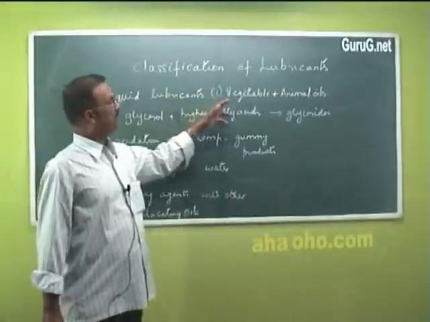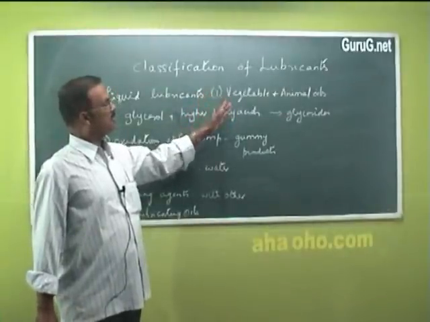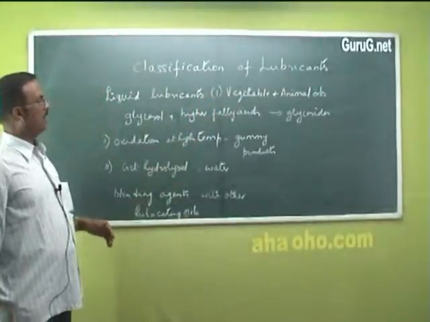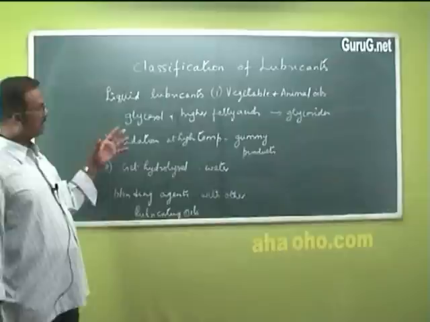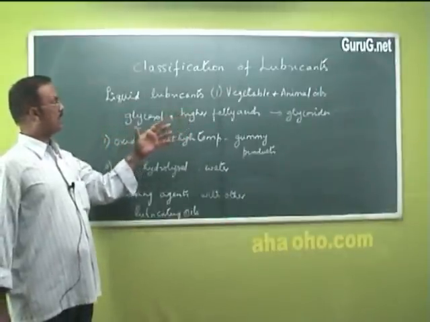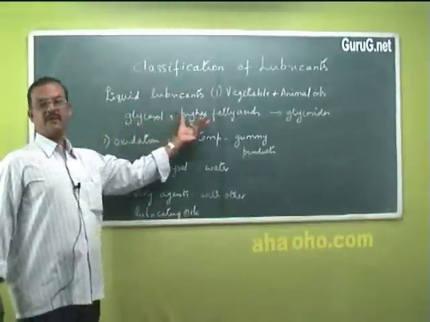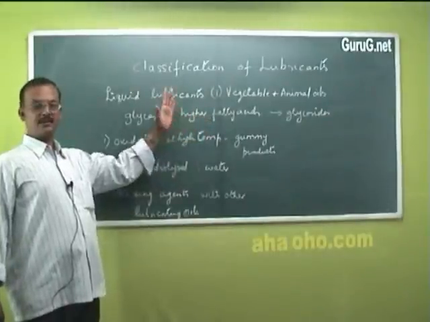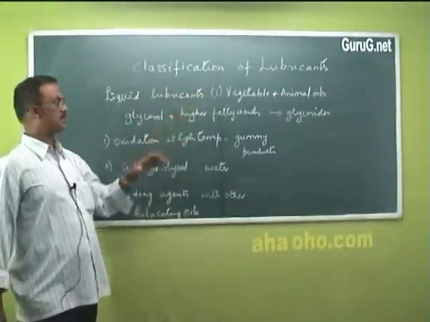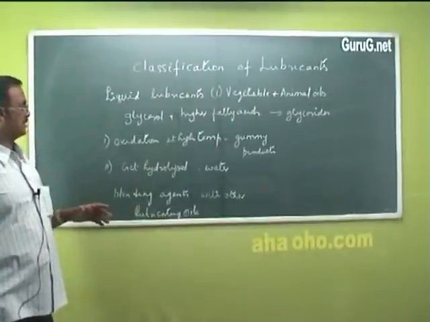Now first we'll see about the vegetable and animal oils. Actually, these vegetable oils are nothing but glycerides of glycerol and higher fatty acids. That is, they are nothing but esters. The functional group present is ester.